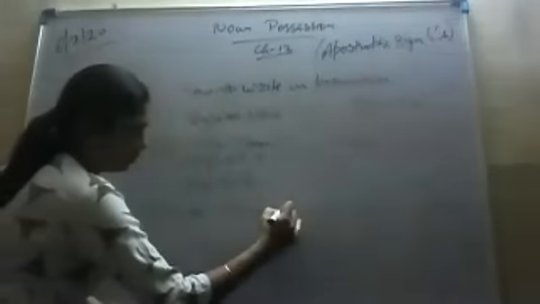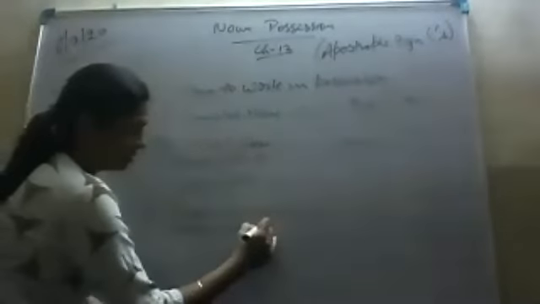Third is when the plural nouns are not ending with S. If the plural noun is not ending with S, examples are child, man, woman, children, men and women.